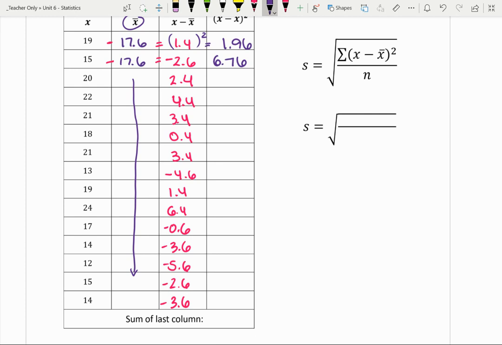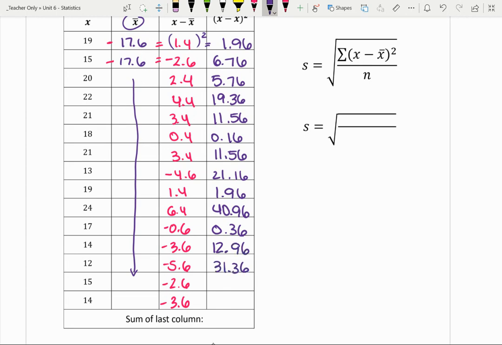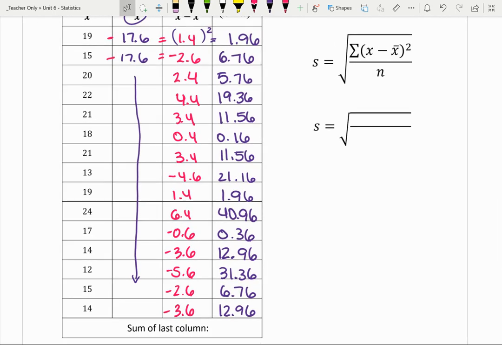The third value should be 5.76, then 19.36, then 11.36, 0.56, 0.16, 11.56 again, 21.16, 1.96, 40.96, 0.36, 12.96, 31.36, 6.76, and finally 12.96. So we're double checking 30 different values.